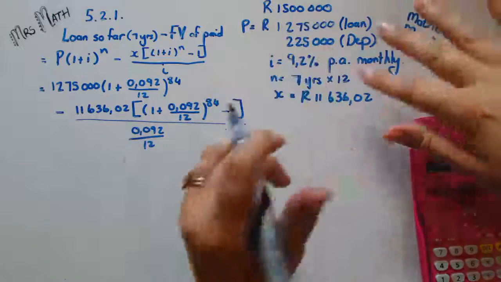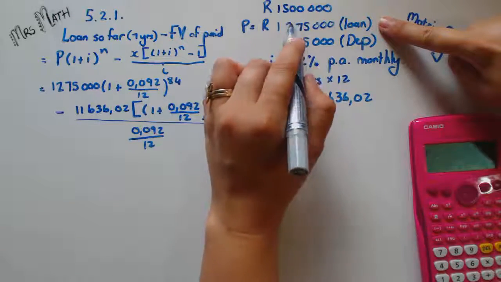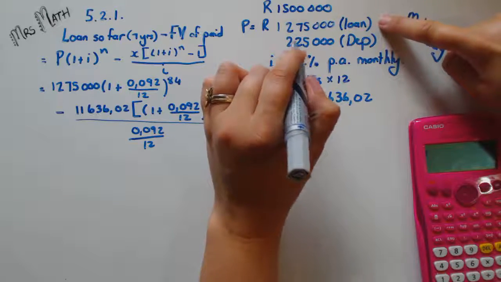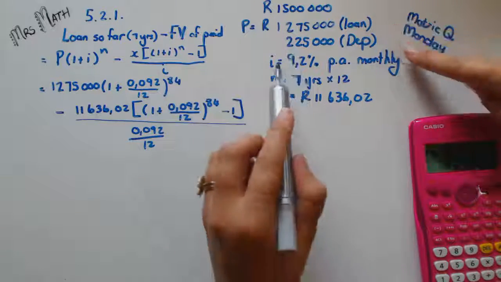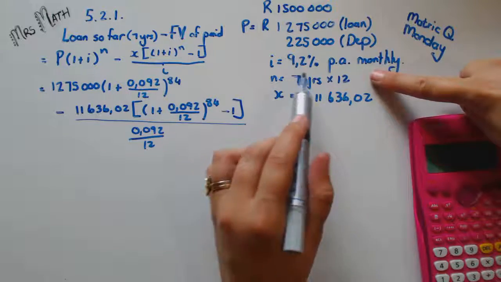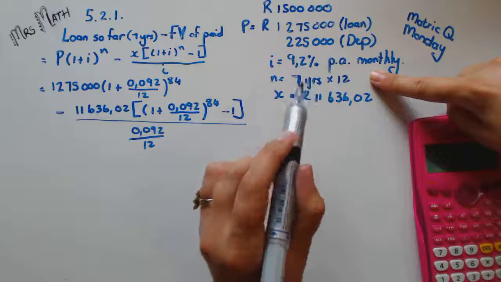Right, so I just substitute this. All of the amounts that I'm substituting here are the ones that specifically have to do with the loan. My interest rate is this over 12. The number of years I'm working with is 7 because I want the outstanding balance over 7 years.